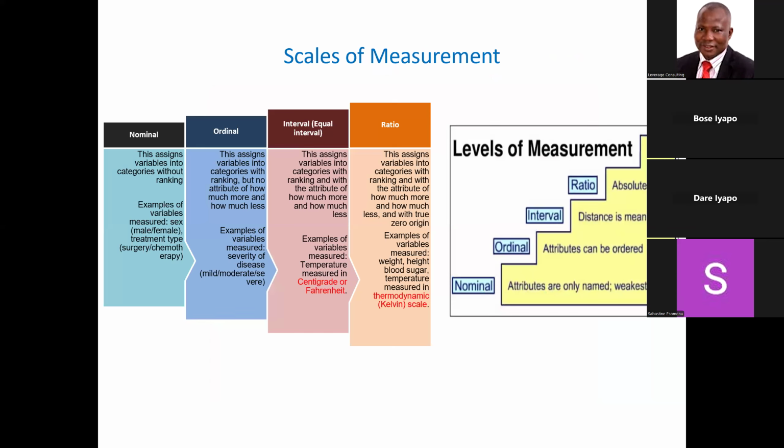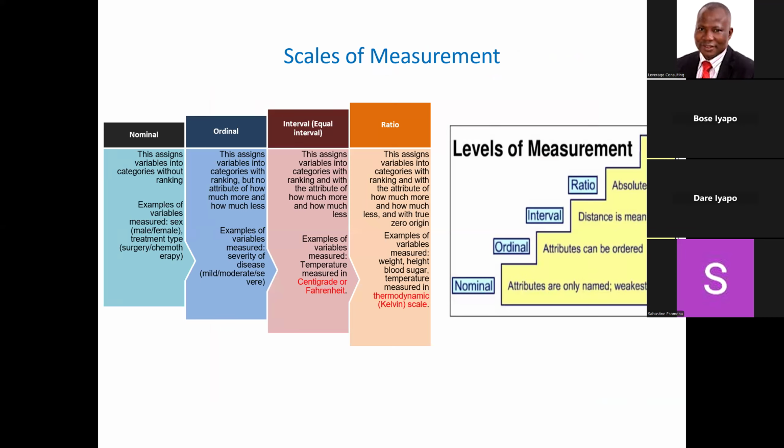So we now say that the ratio scale has all the attributes of nominal, ordinal, and interval, and something in addition, and that is the true zero origin. Most of the attributes we measure, especially quantitative ones, have this true zero origin.